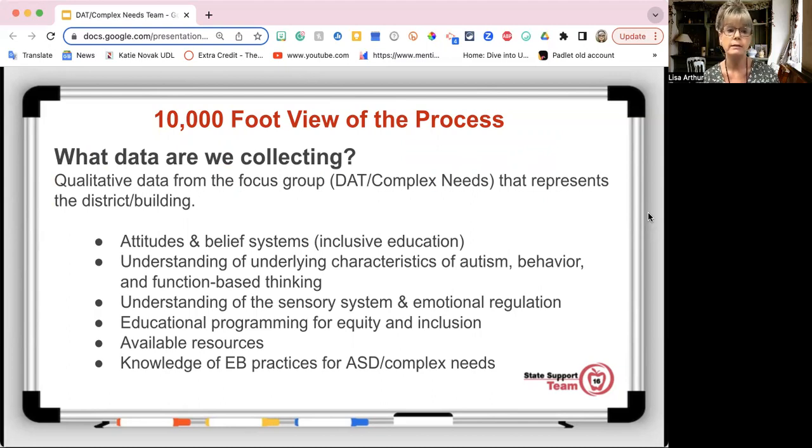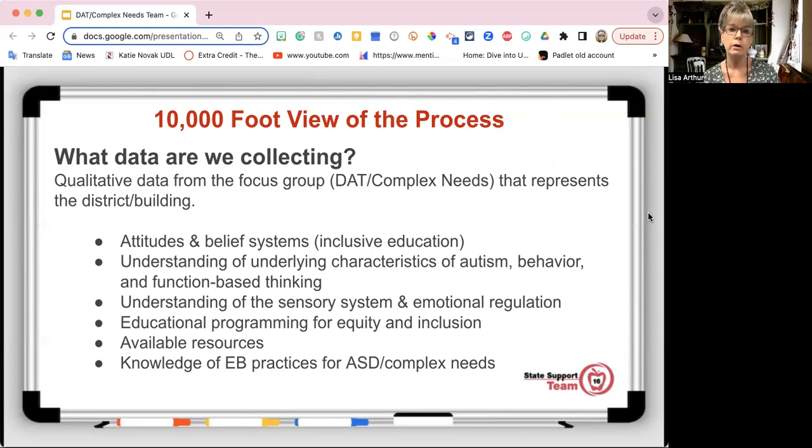Basically, what's our mindset? Looking at understanding those underlying characteristics of autism: do we understand how that impacts behavior? Do we understand function-based thinking as it relates to behavior? And what about the sensory system? What's our understanding and our ability to implement evidence-based practices that help regulate and support that sensory system?